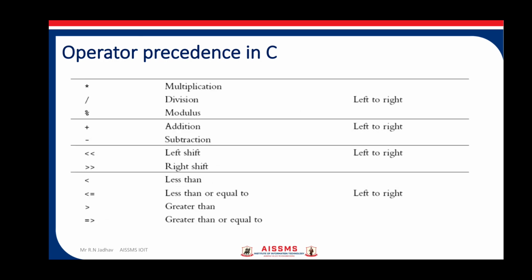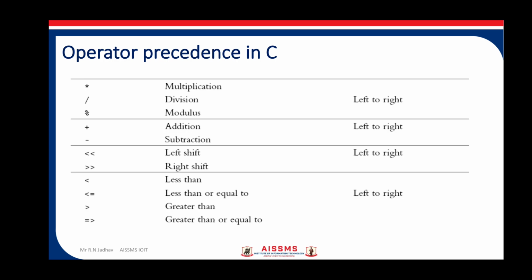After that we have the binary operators such as multiplication, division and modulus, and their associativity, as we have seen in the example, is from left to right. After that we have plus and minus. So addition and subtraction have lower precedence than multiplication, division and modulus, and their associativity is again from left to right.